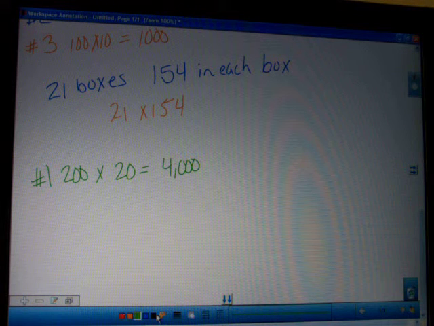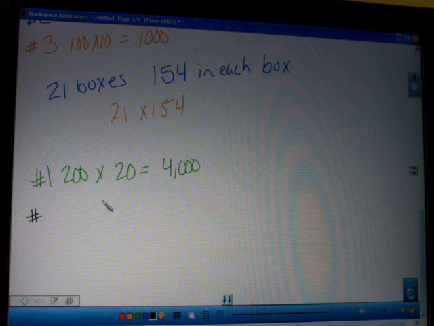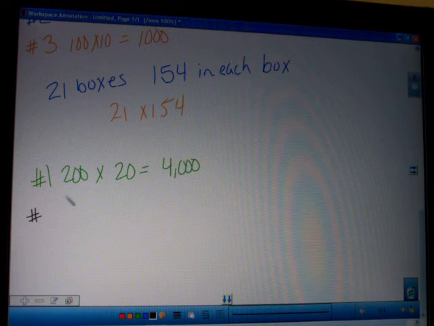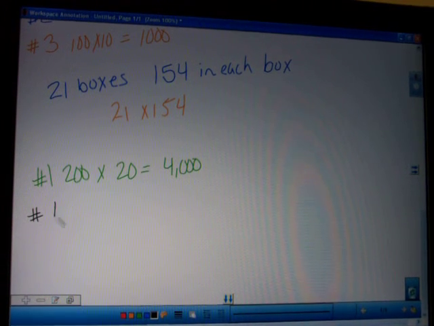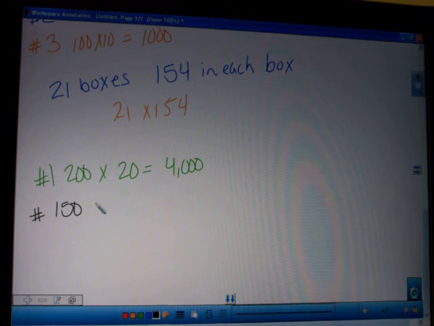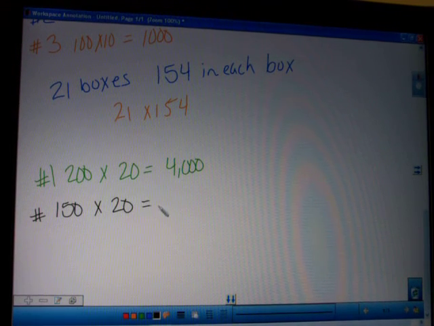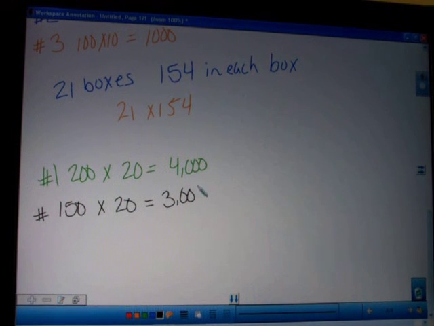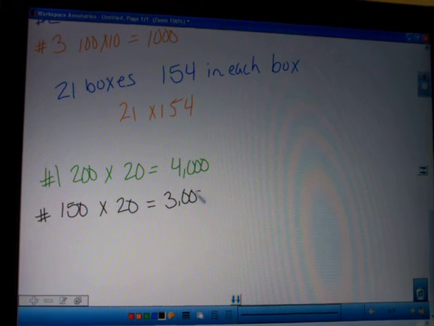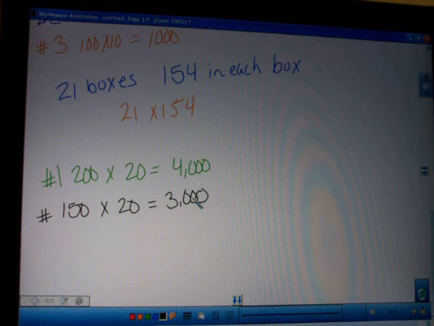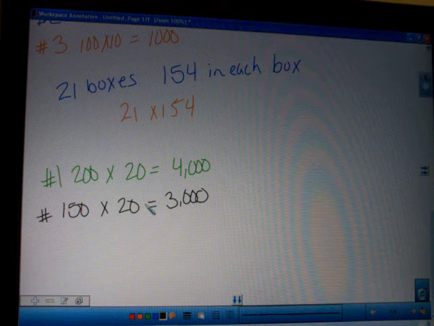Another way we could do is round each factor to the nearest 10. That would round 154 to 150, times 21 rounded to 20, and then that gives me 3,000. Sorry, the last zero did not tack on. So it's somewhere between 3,000 and 4,000 magazines.